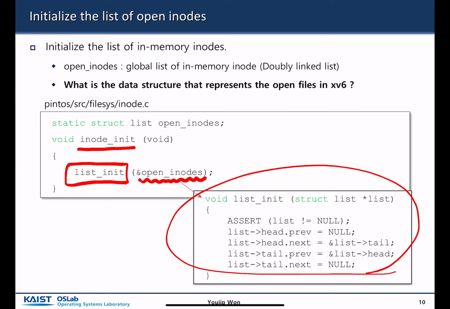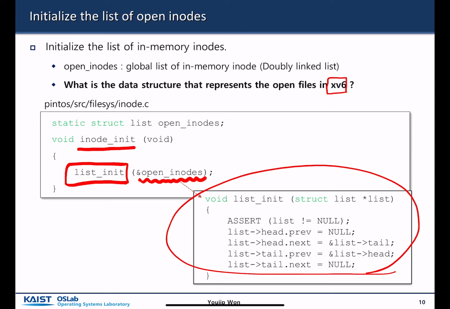My question is, what is the data structure that represents open files in the x86 operating system? Probably Pintos and x86 are the most widely used operating systems for operating system education. They are using slightly different data structures for representing each of the concepts in the operating system.